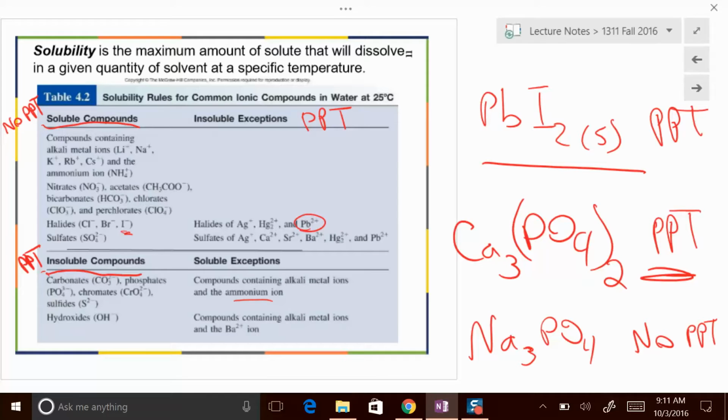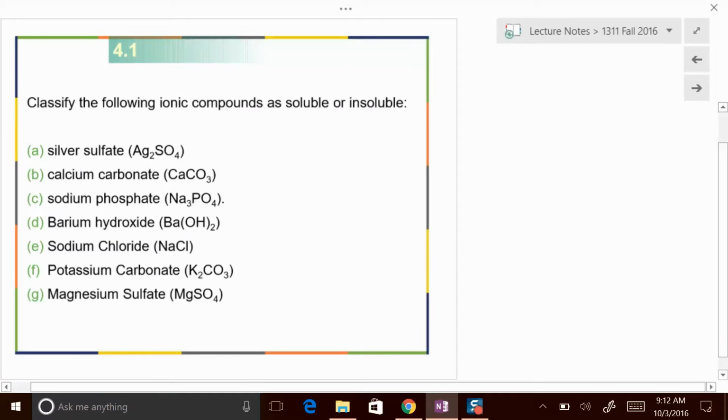Now, do they have exceptions? They actually have quite a few exceptions, right? So is silver one of the exceptions to the solubility of sulfates? Okay, so is this a solid or is it aqueous? It's a solid. So does that mean that it's soluble or insoluble? It's insoluble.